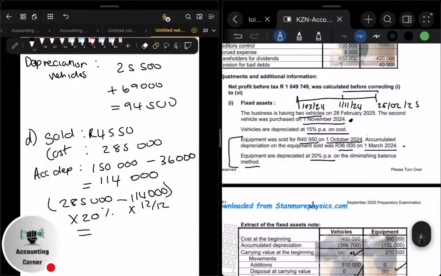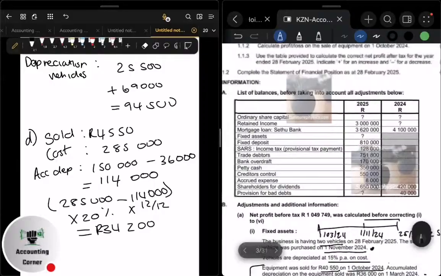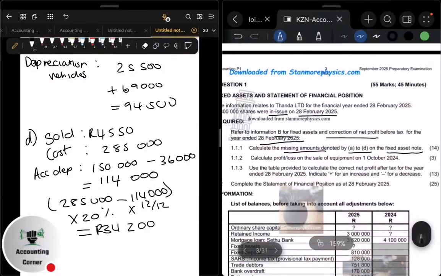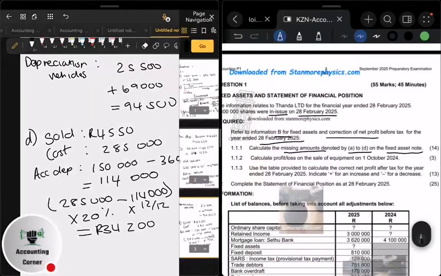So 285,000 minus 114,000 multiplied by 20% will give you 34,200. And that's our answer for D. So we are done with question 1.1. That's your 14 marks.